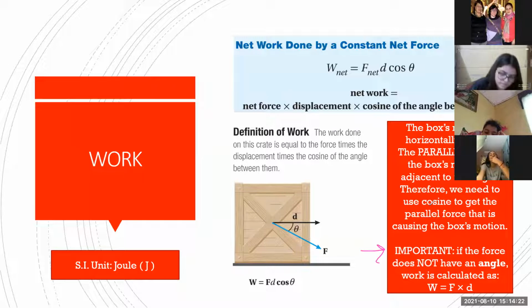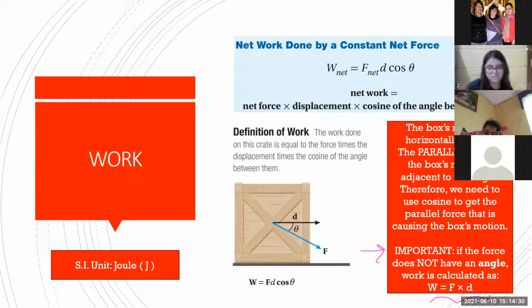If the force does not have an angle, we are just going to calculate work with this equation: work equals force times distance. So forget about this box, okay? Forget about the forces that are acting on this box.